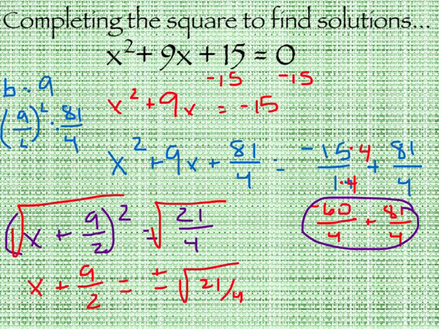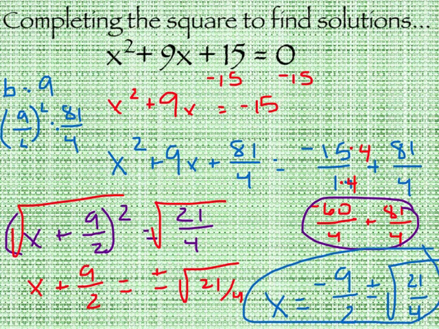We'll subtract 9 over 2 from both sides, and our final answer is x equals negative 9 over 2 plus or minus the square root of 21 over 4. And that is a perfectly acceptable answer. If you wanted to simplify the square root of 4 to just be 2, that would work, but this is perfectly acceptable. If you wanted to plug it into your calculator, fine, but again, this answer is perfectly and totally acceptable.